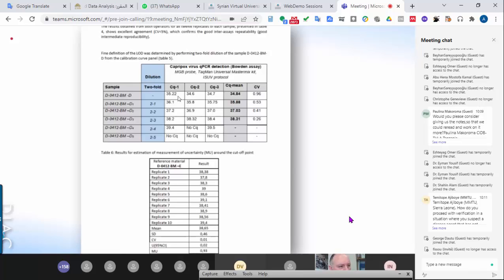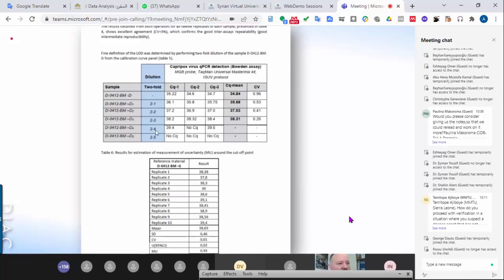And as you can see here, twofold dilution steps were performed, and up until the third dilution, all three replicates gave us positive results.